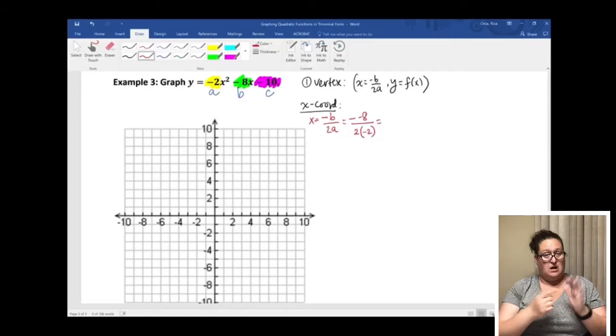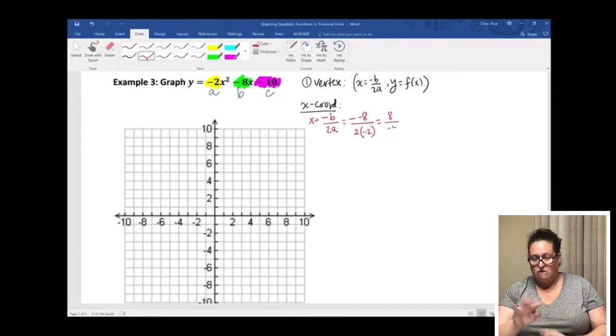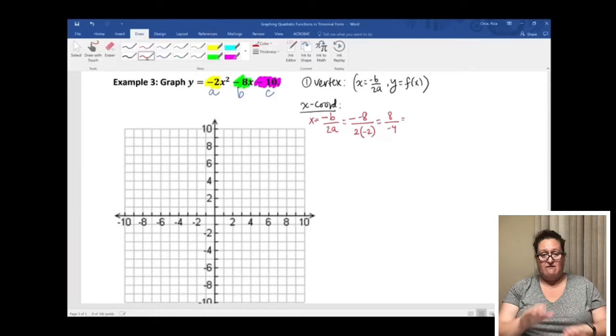Class, a negative times a negative is a positive, so that's going to be +8 over 2 times -2 is -4. 8 divided by -4 is -2. So the x coordinate of my vertex is at -2.